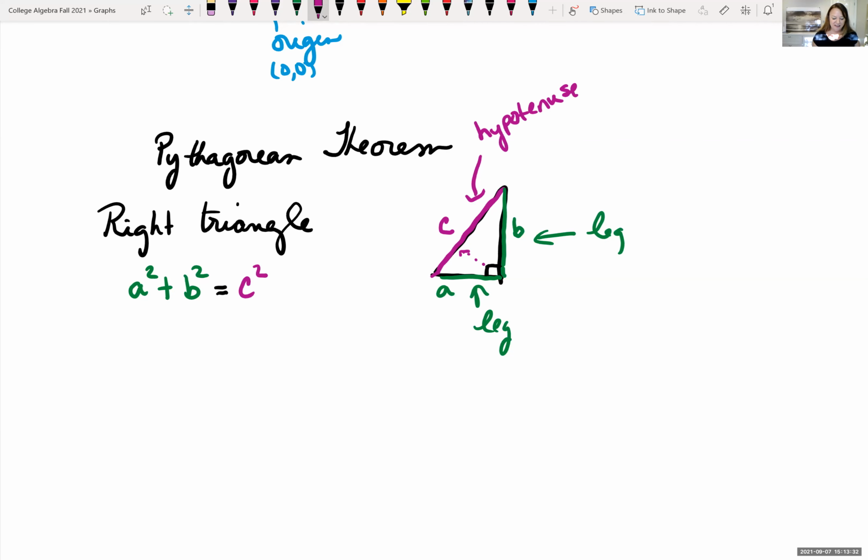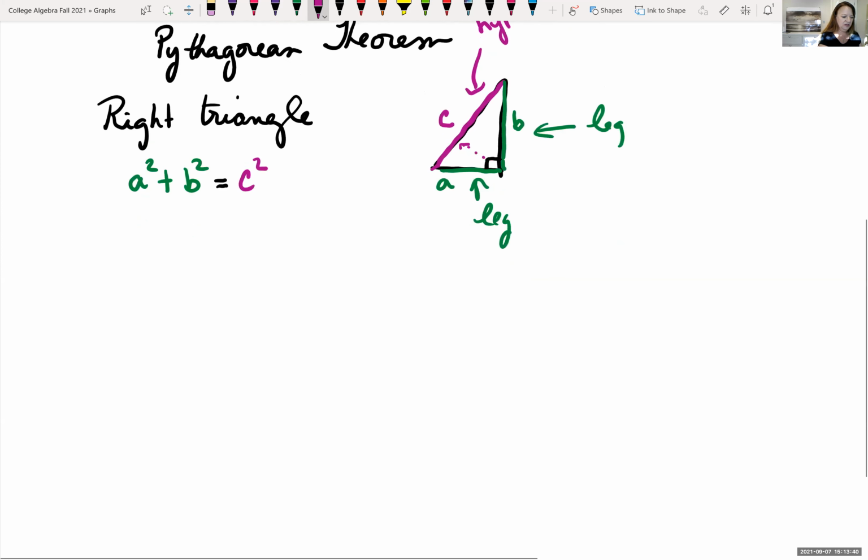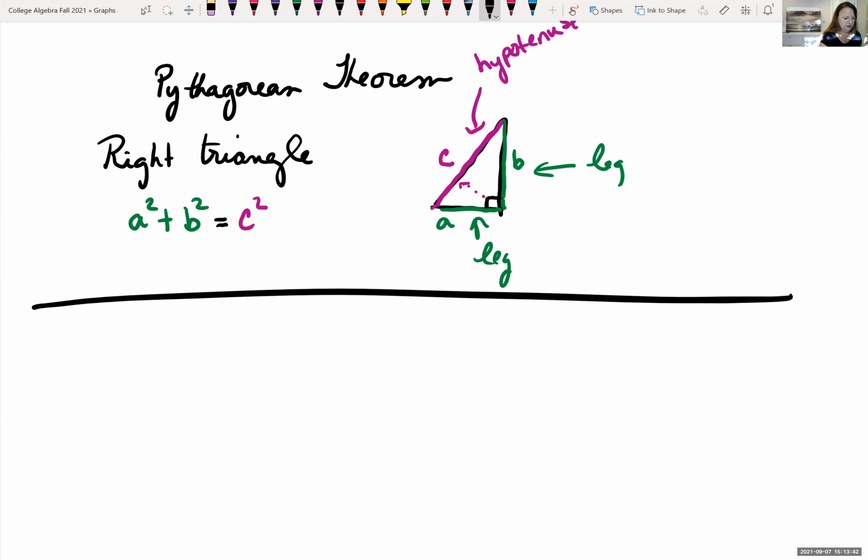Okay, so we're going to use that fact to derive the distance formula. Let's say we have 2 points, and let them be generic. Let's call the first point P sub 1, equal to the point (x sub 1, y sub 1), and let our second point, P sub 2, be the point (x sub 2, y sub 2).